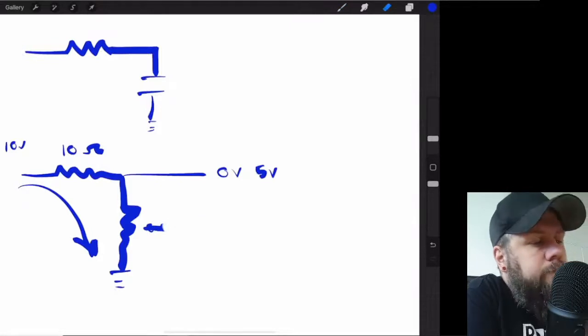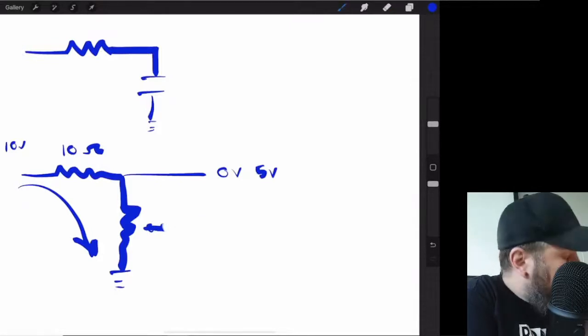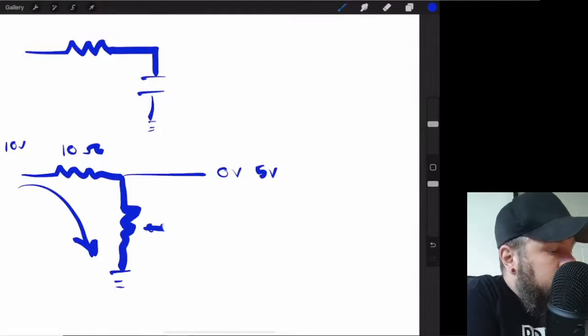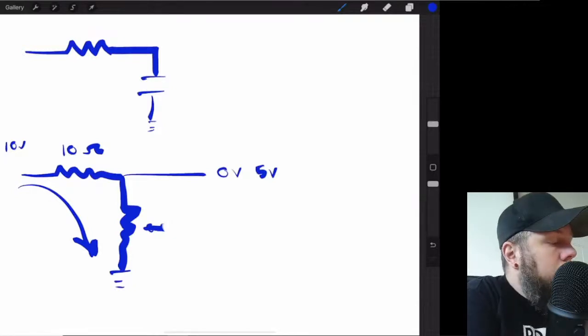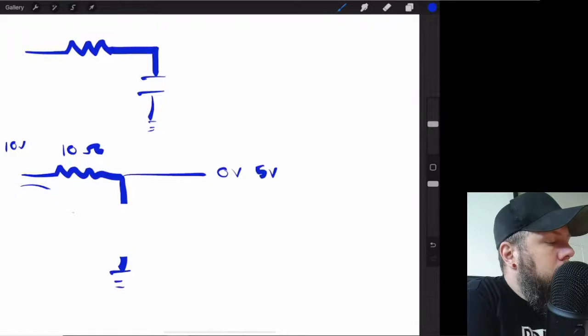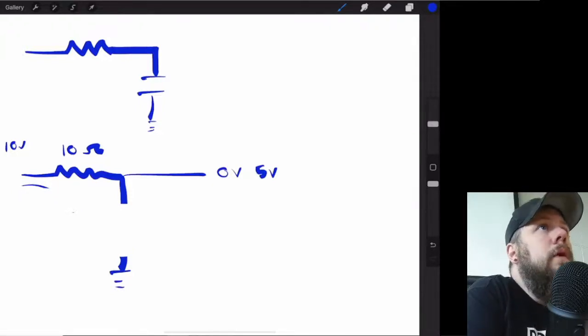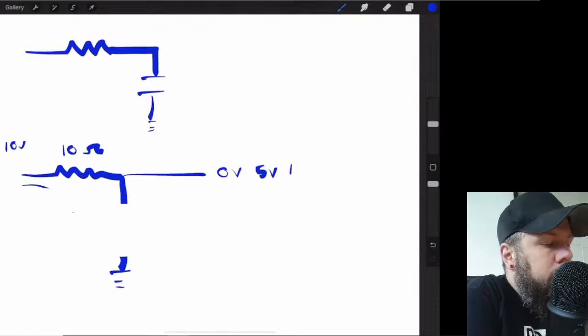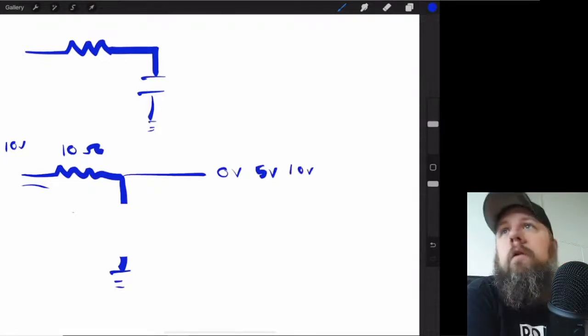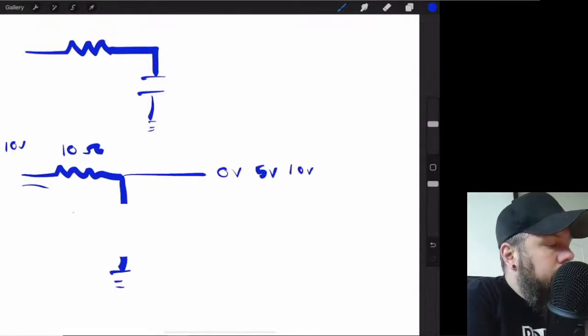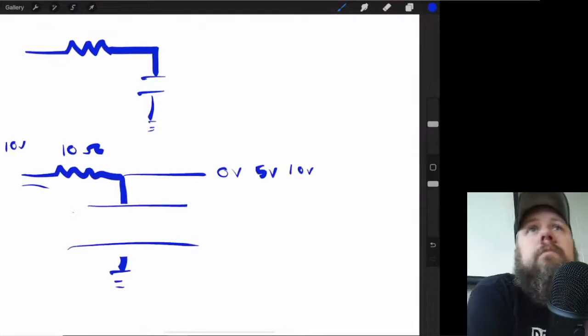Now, at some point, the frequency's so low that it's like an open, like infinite resistance. Okay, so what voltage do we get out? 10 volts right there. The whole voltage drops across this gap.